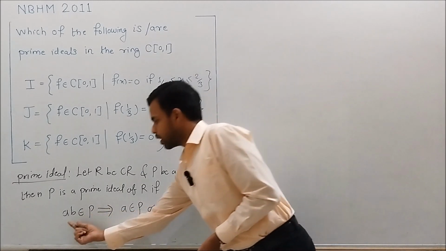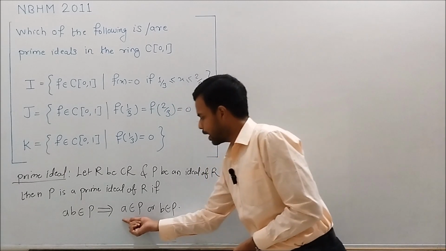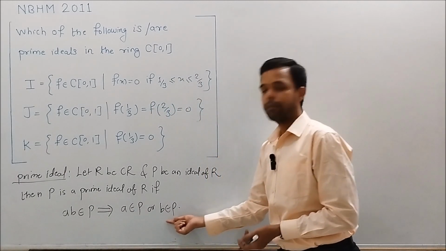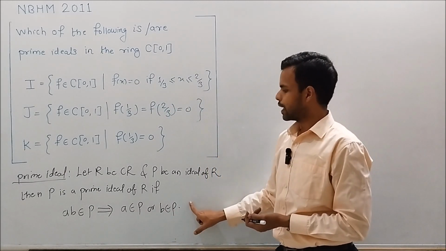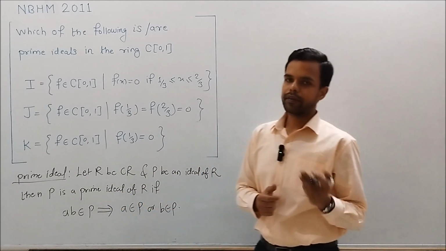If this condition is satisfied, then the ideal P is a prime ideal of R.